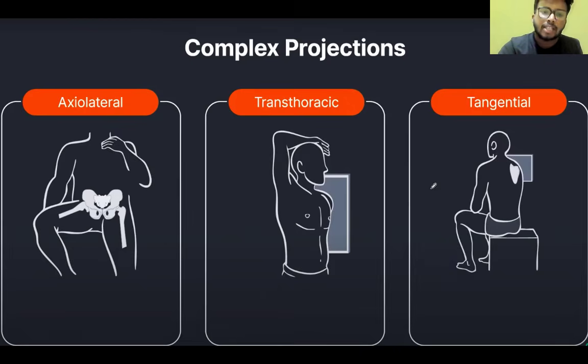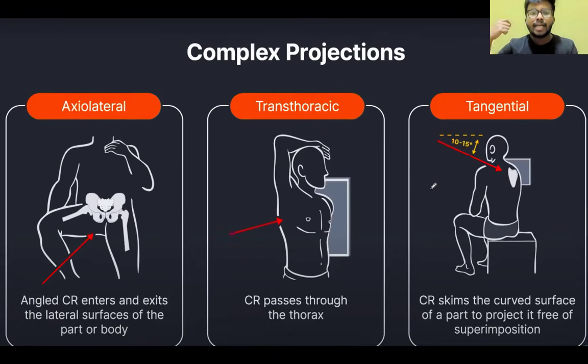Yes. So axiolateral: angulated central ray enters through the lateral surface and exits through the opposite lateral. Transthoracic: passes through the thorax. Tangential view: the central ray skims the curved surface of a part to project it free of superimposition. Clear? Yes.